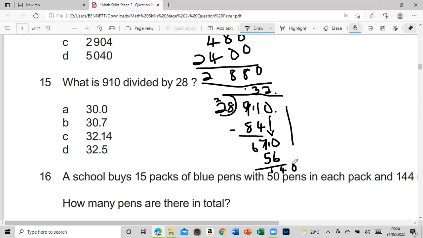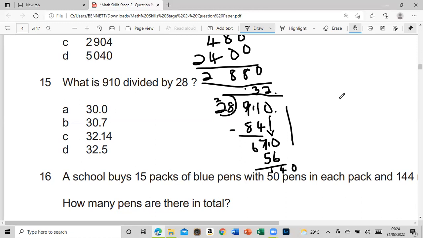So how many 28s can you get out of 140? So 28 and 28 are 56. Right. If we split this by 2, we get 140.